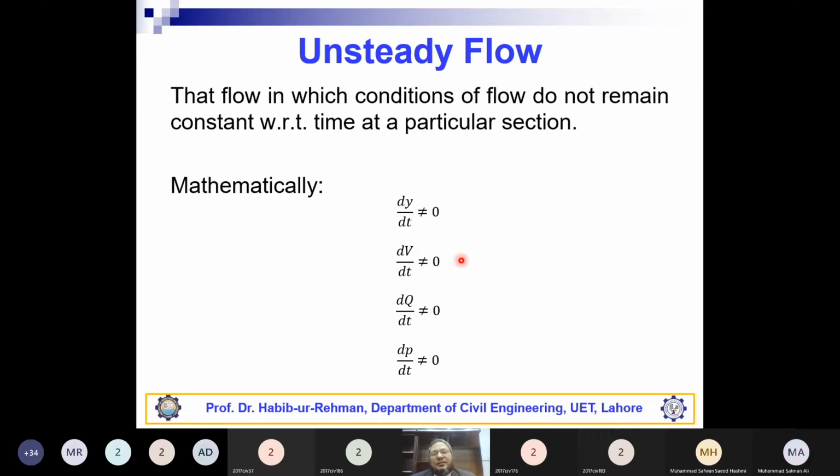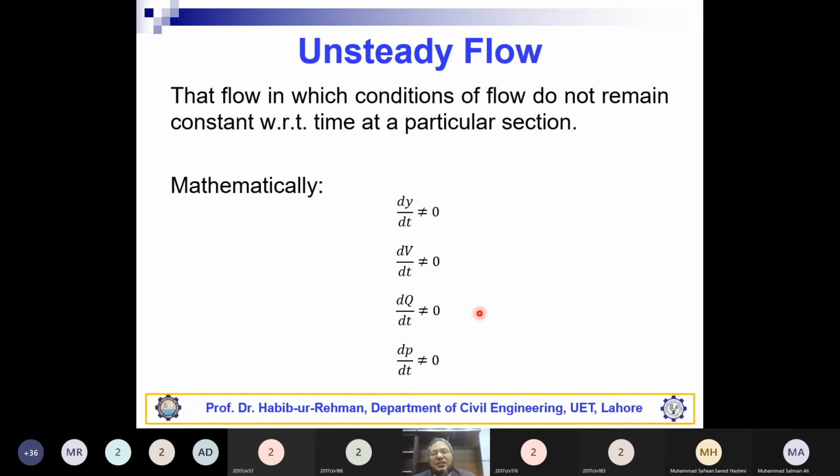Yes, for both. Very good. This expression is applicable for both, a pipe or pressure conduit, or an open channel. In both cases, if the velocity of flow is changing with respect to time at a particular section, then this would be unsteady flow.